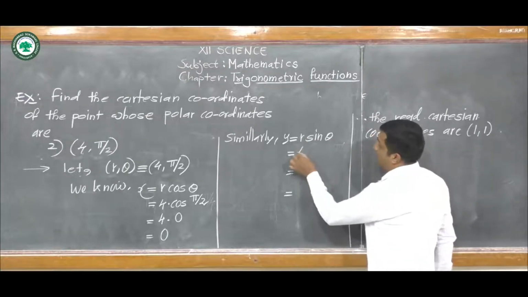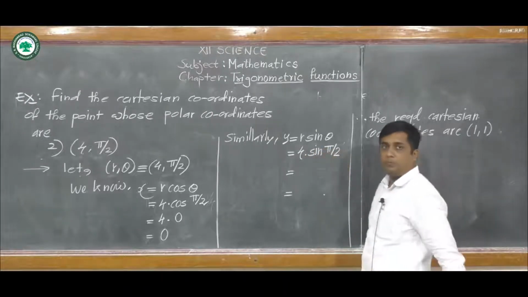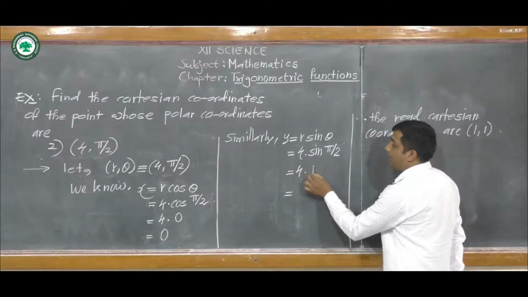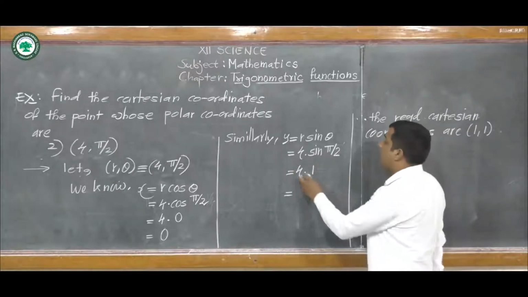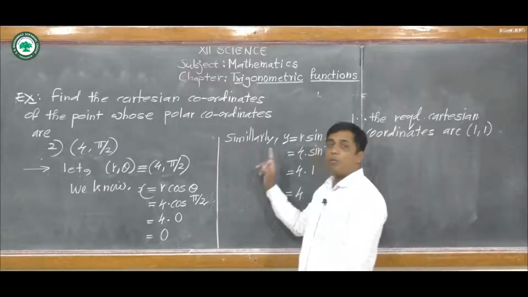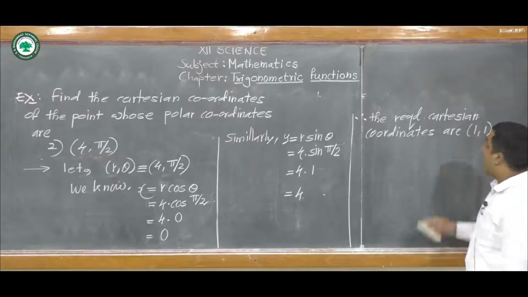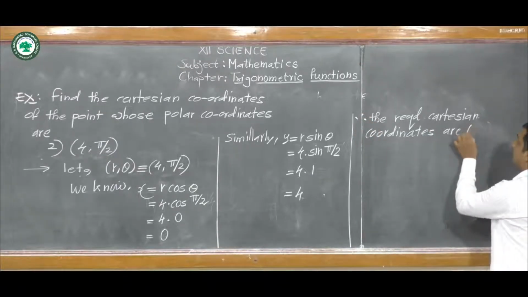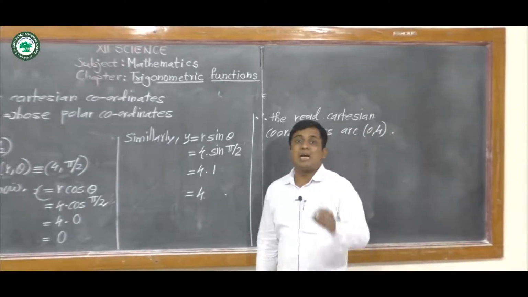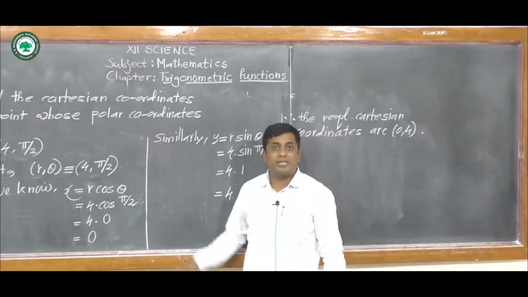Okay, again we know r is 4 into sine pi by 2 is equal to here 4 into, we know sine pi by 2 is 1, and here 4 into 1 is 4. So we get x and y. Therefore, the required Cartesian coordinates are here having 0 and 4. So we find the Cartesian coordinates by using the polar coordinates.